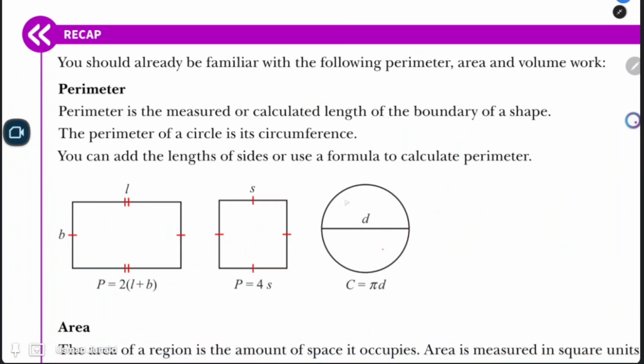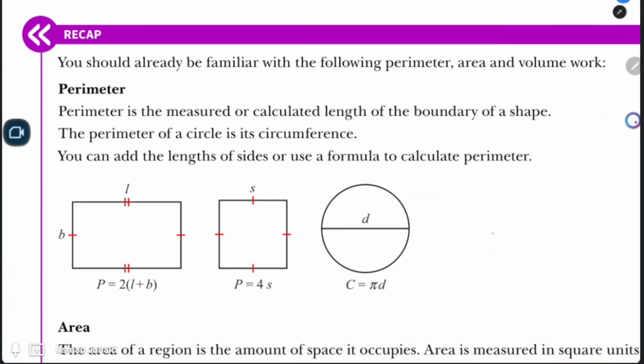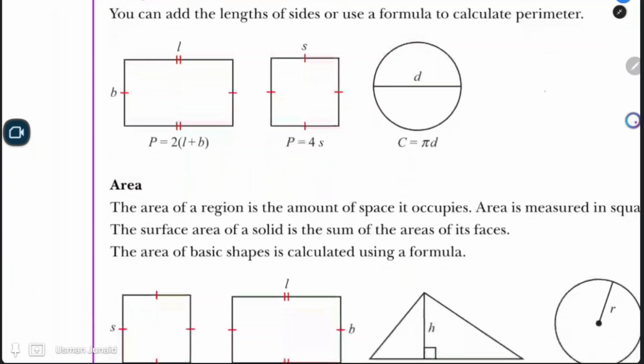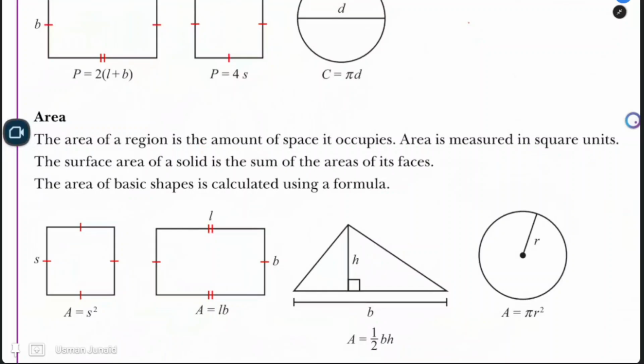Right. So this outer tracing is what you would call the perimeter. Whether it's a circle, a square, a rectangle, or a triangle, the outer boundary is called the perimeter.